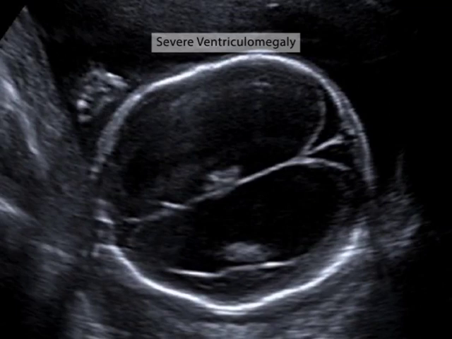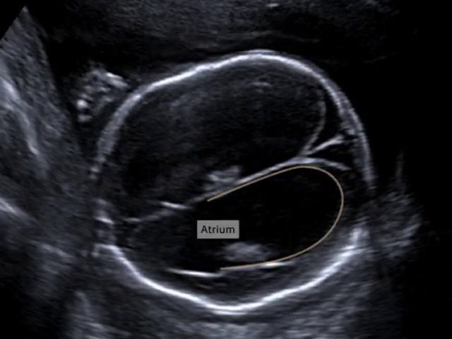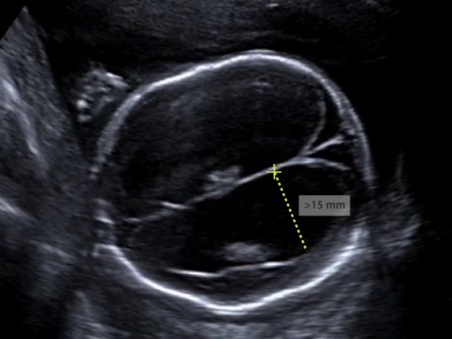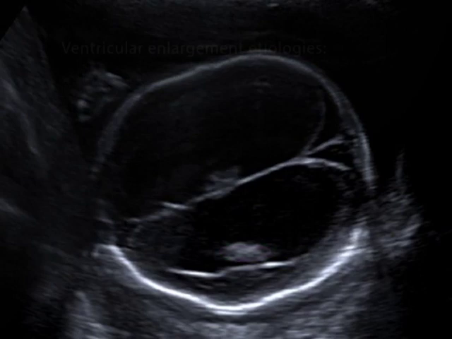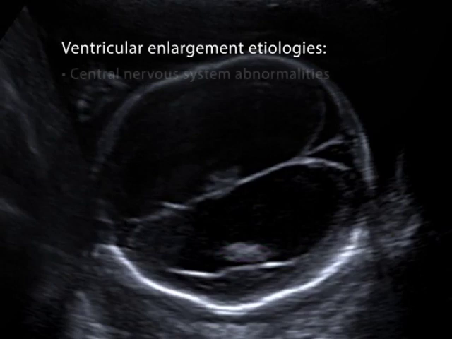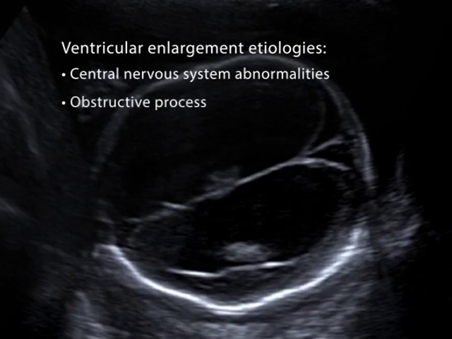Severe ventriculomegaly is diagnosed when the atrium appears unusually prominent and measures 15 millimeters or greater. The choroid plexus is normal size but appears much smaller compared with the distended atrium. Ventricular enlargement may result from various causes, including central nervous system abnormalities, an obstructive process, or a destructive process.